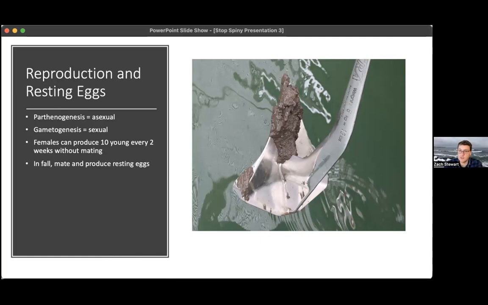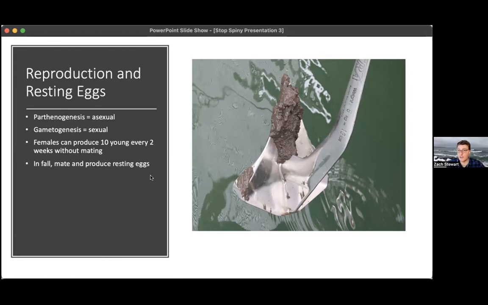Then, if conditions change or when the fall rolls around, the spiny water fleas tend to switch modes, and they start going through gametogenesis and doing sexual reproduction, which is important because asexual reproduction produces no genetic variability, right? You're getting more and more clones of the mother spiny water flea, and you're not getting the diversity of genetic material and opportunity to adapt to a new environment that comes with that exchange of genetic material.